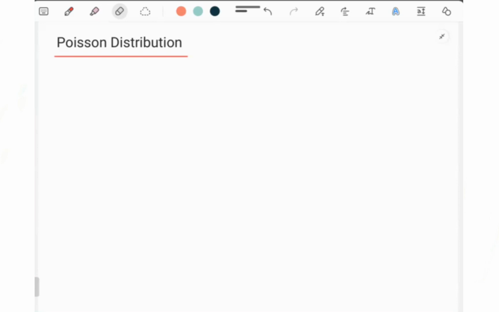Conditions to apply Poisson distribution are: number one, the data must be discrete.